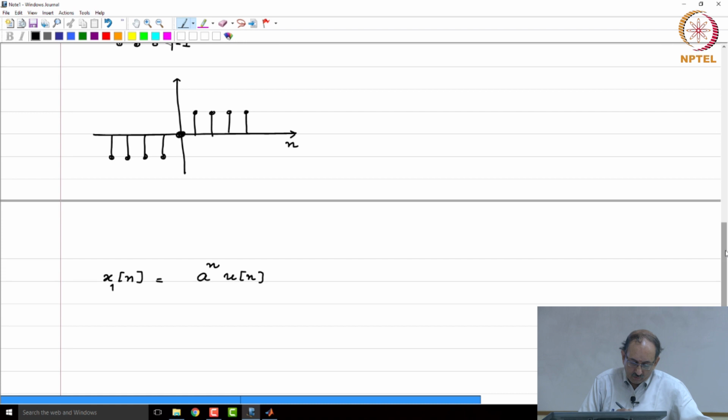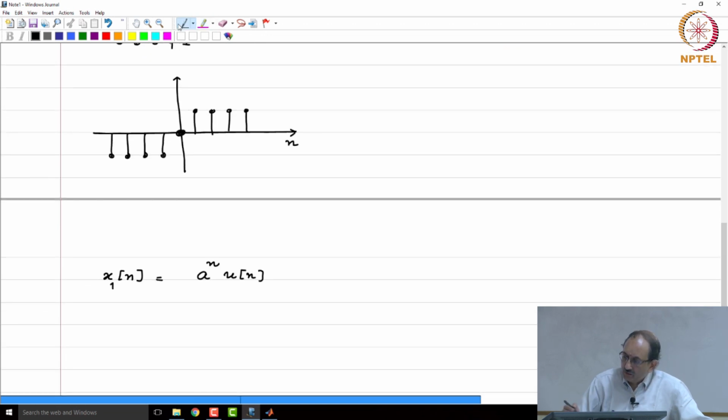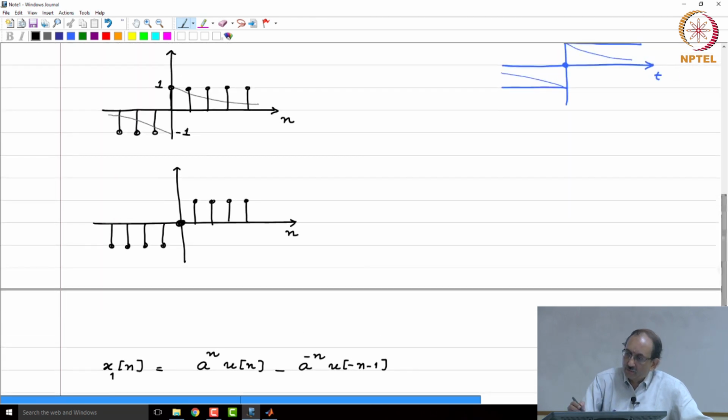So this would correspond to the exponential for n greater than or equal to 0 part. Then for the negative indices, I am going to replace this with minus a to the minus n u of minus n minus 1. So this is indeed this sequence whose envelope I have drawn here.